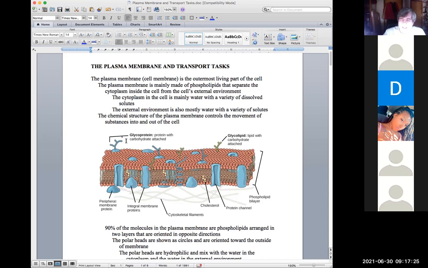If we look at the glycoprotein and the glycolipids combined, they make up something called the glycocalyx. And this glycocalyx, if we look at the outside of cells, forms almost like a fuzzy covering, because we have these little sugar molecules that stick up just a very short distance outside the plasma membrane. Remember, they're never inside the plasma membrane.